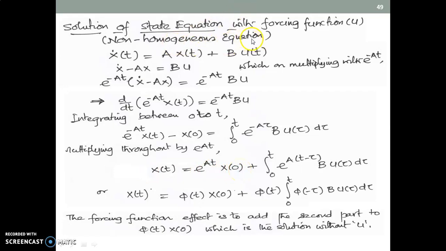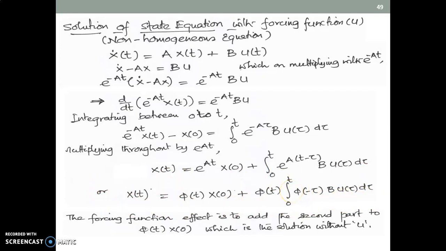For the non-homogeneous equation, that is the entire state equation, this is the solution, where phi of t is nothing but e power At. That is called the state transition matrix. So this is the entire solution of the state equation.